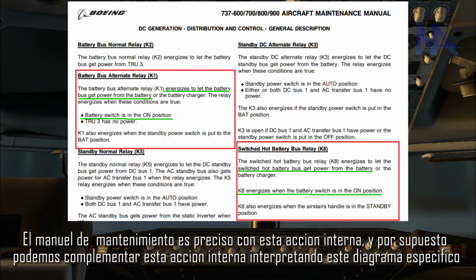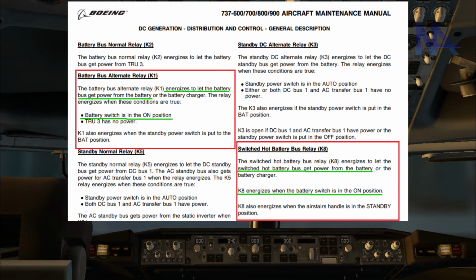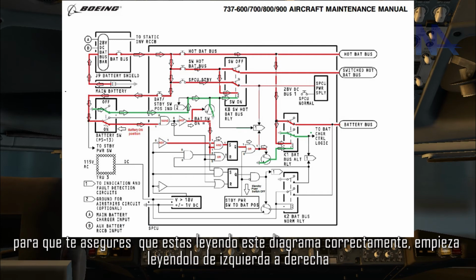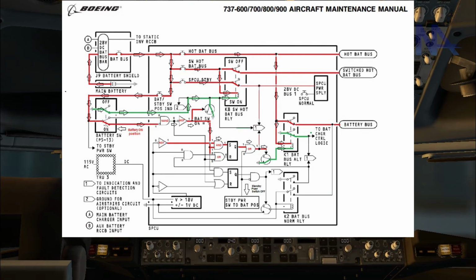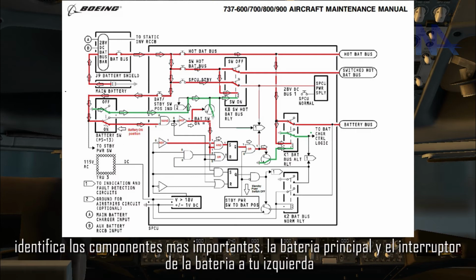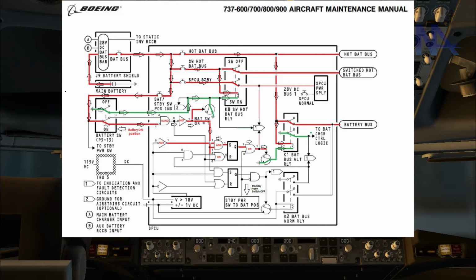The maintenance manual is accurate with this internal operation, and for sure we can complement it by interpreting this specific diagram. To make sure you're reading the diagram correctly, start reading it from left to right. Identify the most important components: the main battery and the battery switch to your left, and the K8 and the K1 relay to your right.